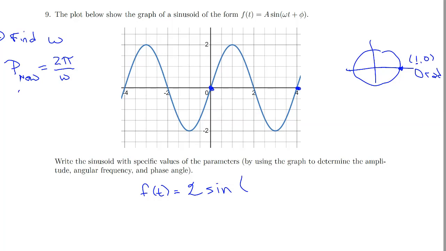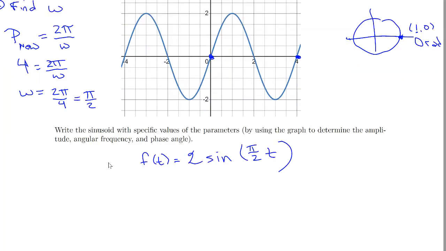So I have 4 is equal to 2 pi over omega, which means omega equals 2 pi over 4, which is equal to pi over 2. Now I have pi over 2 times t, and I don't have any shifting right or left. We know the amplitude A equals 2, omega equals pi over 2, and phase angle equals 0.